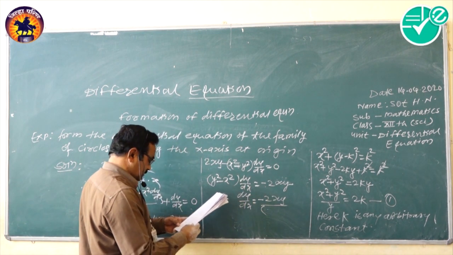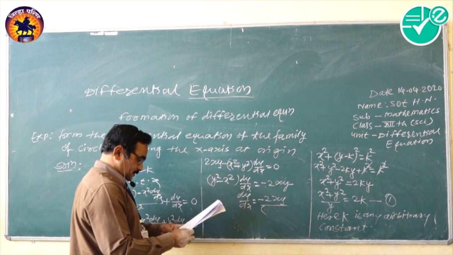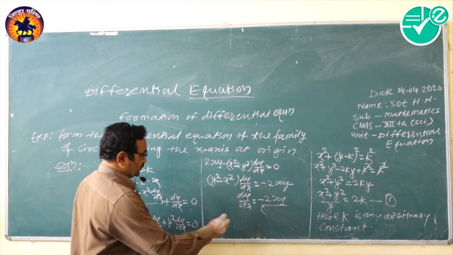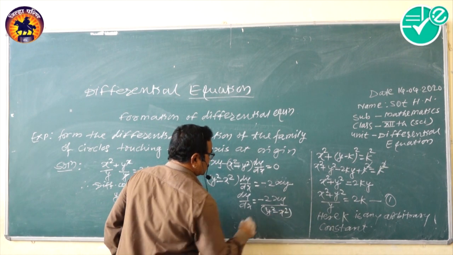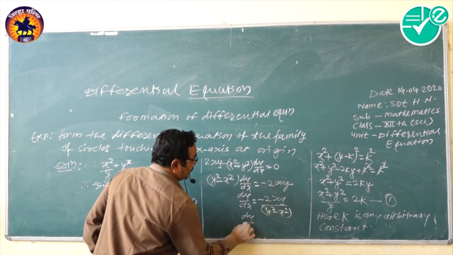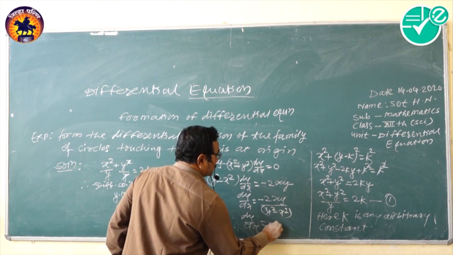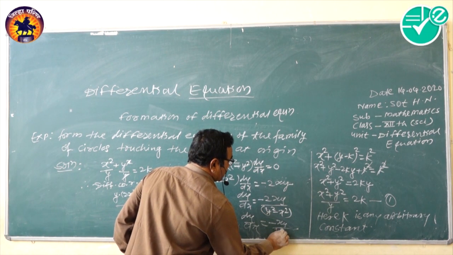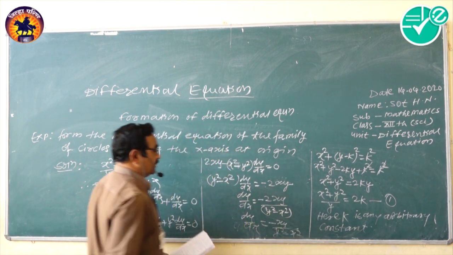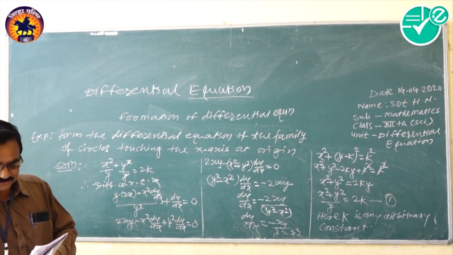After this, this equation becomes y square minus x square dy by dx equal to minus 2xy upon y square minus x square, which is the required differential equation.